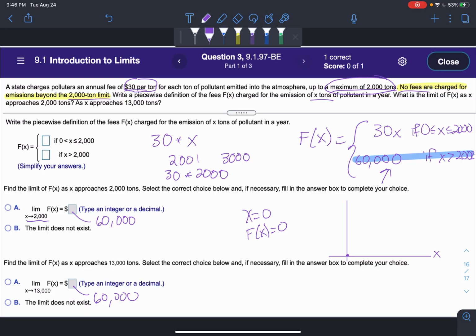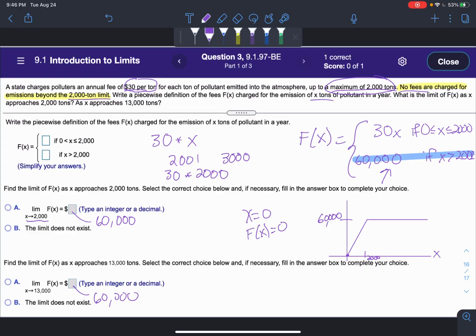It's going to have some kind of slope of 30x. It's going to be a straight line. And then once we hit, say, 2,000, then it's going to plateau off at 60,000.